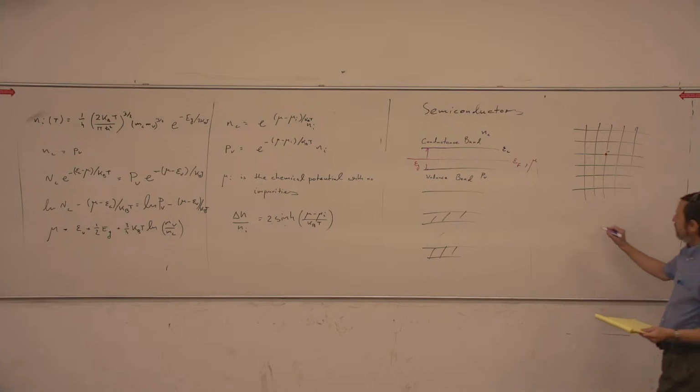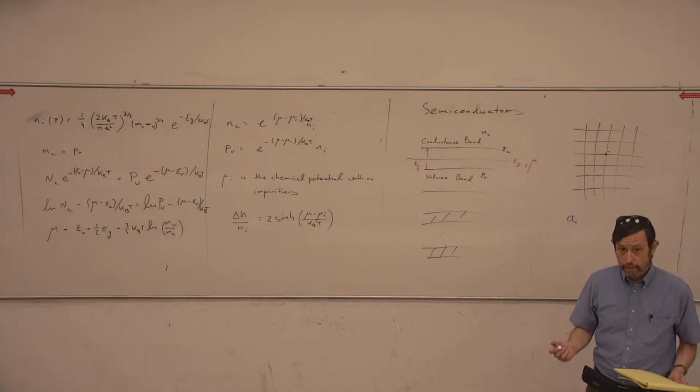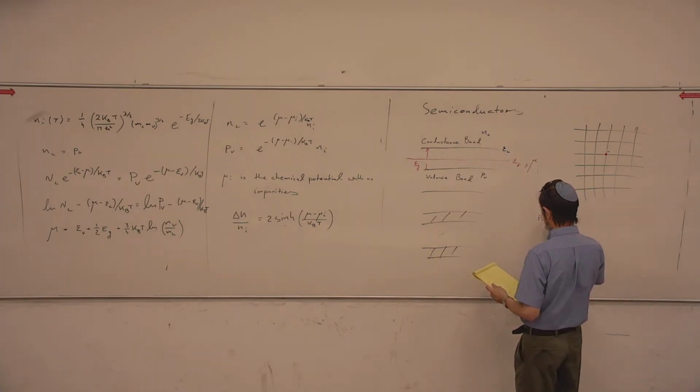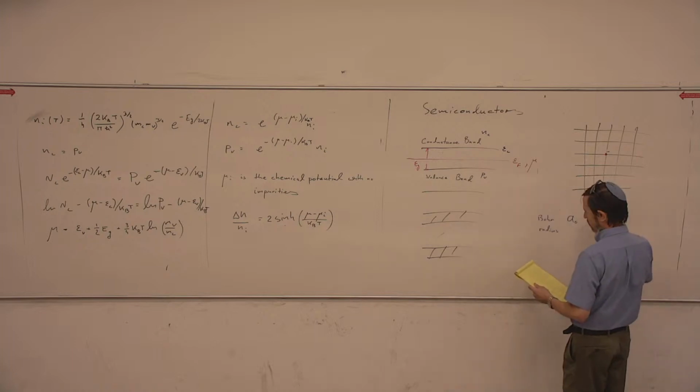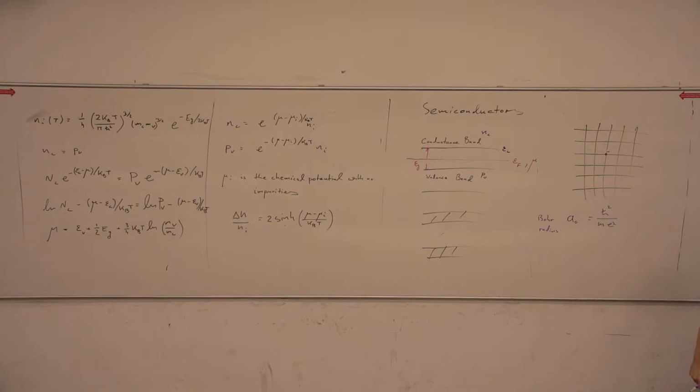Let's remind ourselves of the Bohr radius of a hydrogen atom. We have here the two problematic quantities that we discussed.